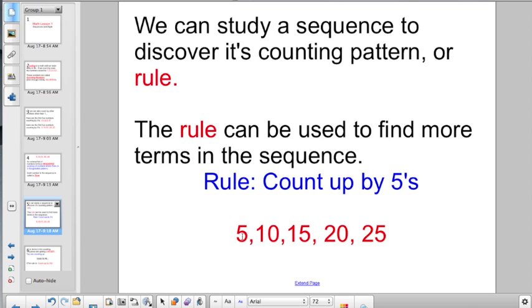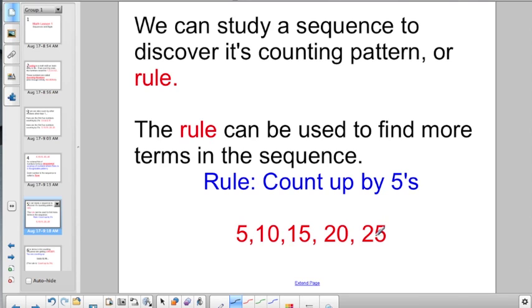So if I had this same sequence where I'm counting up by 5's, and I know 5 is the first term and 10 is the second term, and so on, what would be the sixth term of this sequence? I can know my rule is count up by 5's, right? 25 was my fifth term, so my sixth term, I'm going to count up by 5 again.